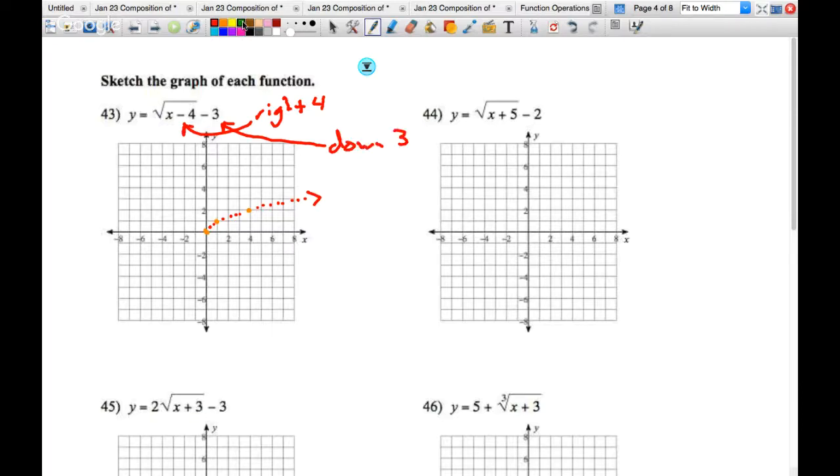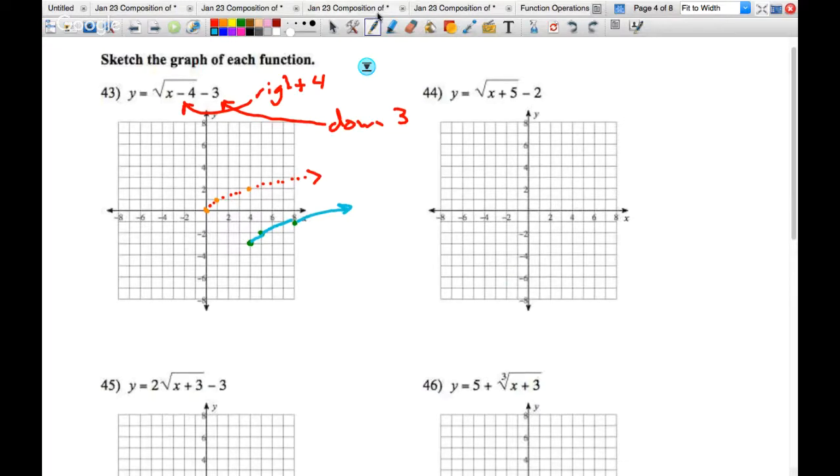So I can take those 3 points, move them right 4, down 3. New point. This one here, right 4, down 3. This point here, right 4, down 3. So right there. I can do better than that. So this is our function here in blue.